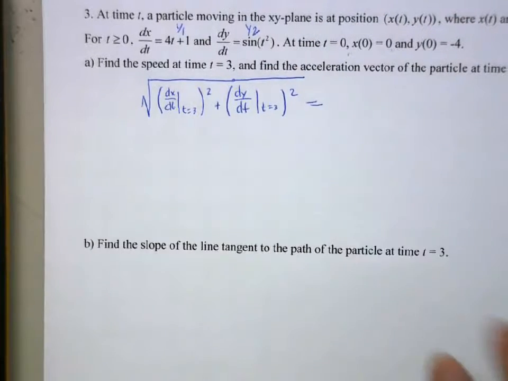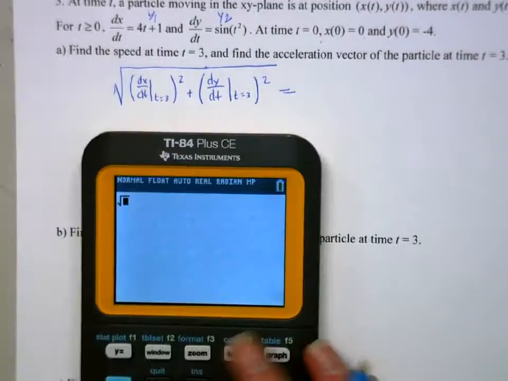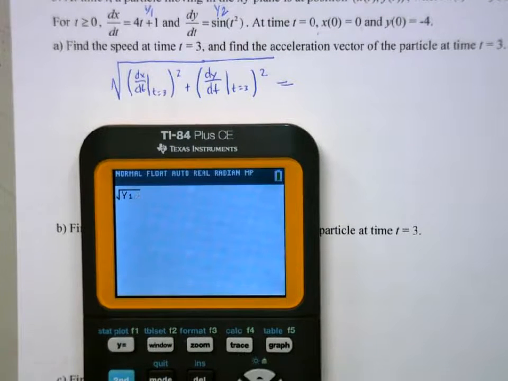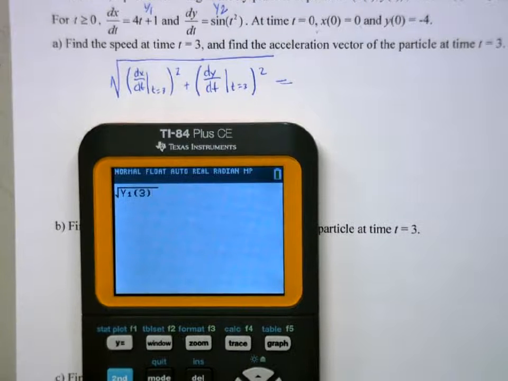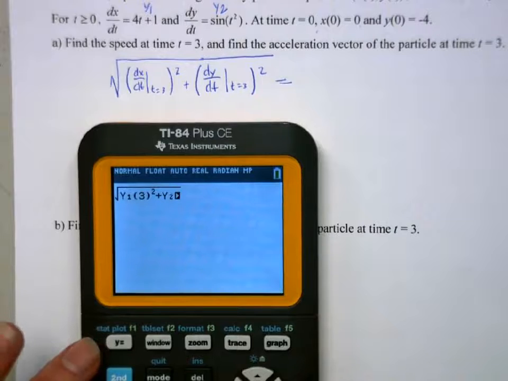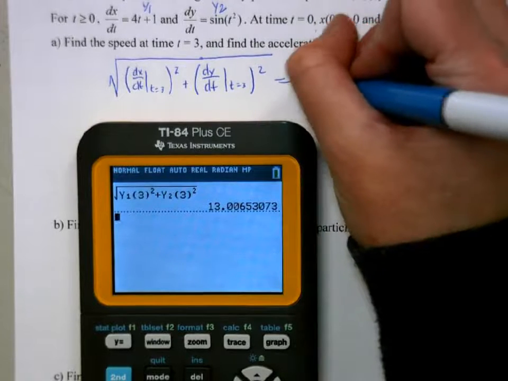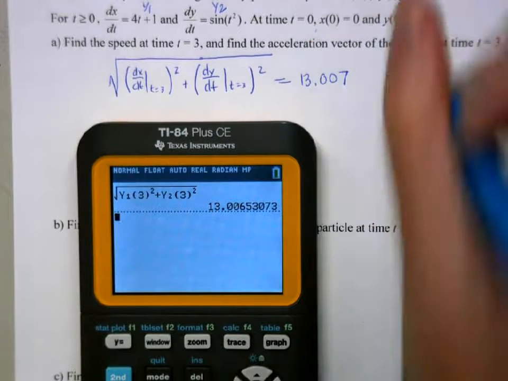The calculator's job is to do the heavy lift. So we'll just enter square root, y1 evaluated at, so parentheses 3, that squared, plus y2 evaluated at 3 squared, which gives me 3 decimals, 007 or 006.